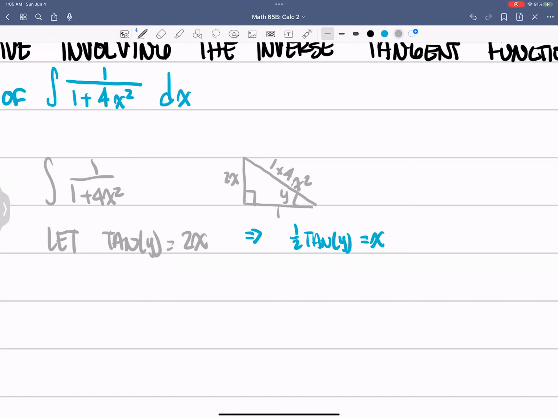So taking the derivative of both sides, the derivative of tangent is secant squared. Secant squared y dy. The derivative of 2x is just going to be 2 dx, or you could think of it as 1 over 2 and simply dx on that side.